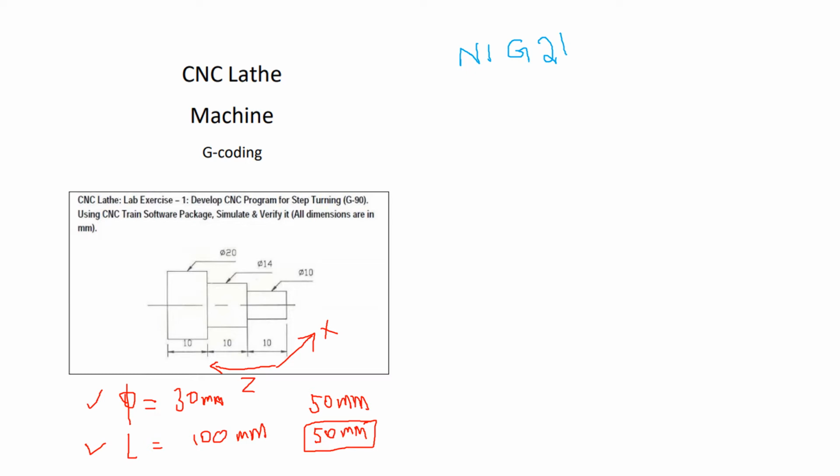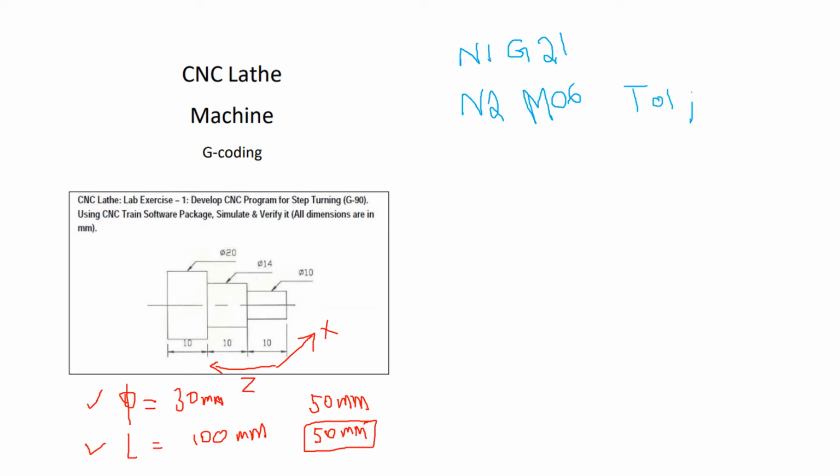Now I'm going to write line number 2, M06. What is M06? It's calling the tool, or automatic tool change. So I say M06 T01.